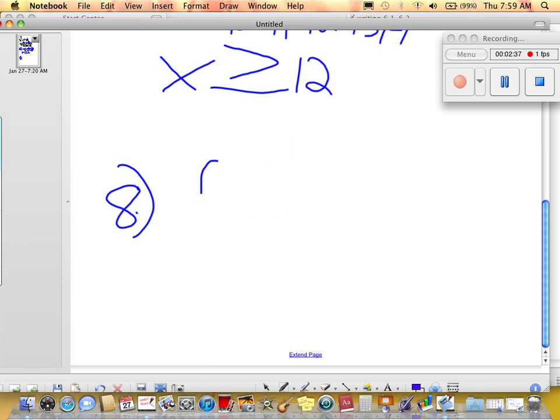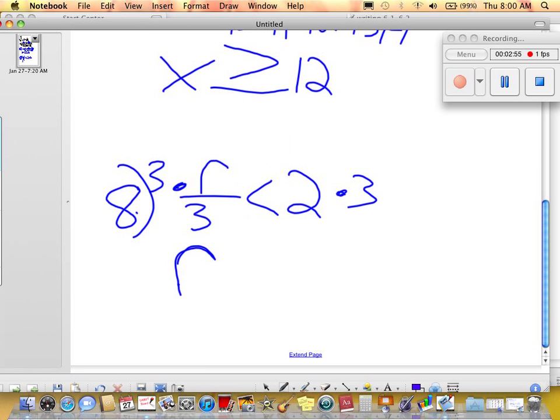We've got r over 3 is less than 2. How am I going to get r by itself? Somebody want to raise their hand and tell me how I'm going to do this? Yes, Jasmine. We're going to multiply both sides by 3. Good. So r is less than 6. Did I have to flip the sign?